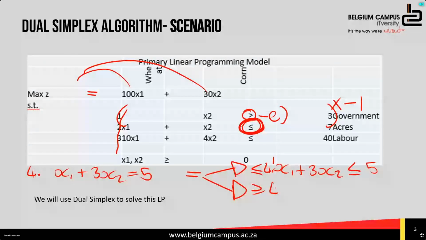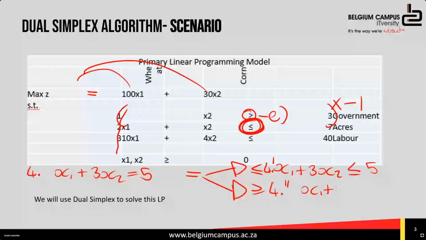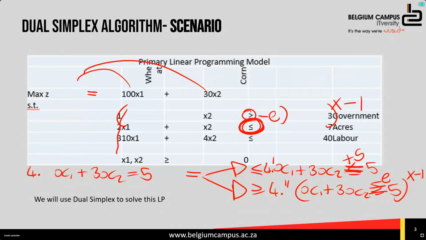Our 4 part 2 is going to be exactly the same, but greater than or equals to. Now we have to convert to slack and excess. So the less than just gets slack, then that changes to equals. The greater than, you subtract your E, changes to equals, but then I have to multiply by -1. And then I put it in my table to solve.